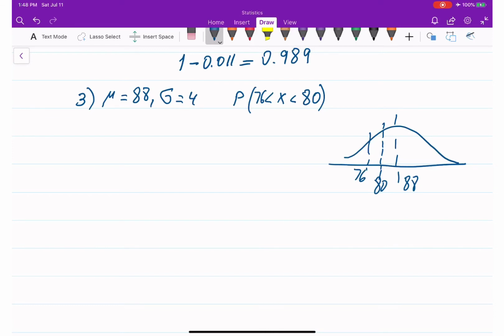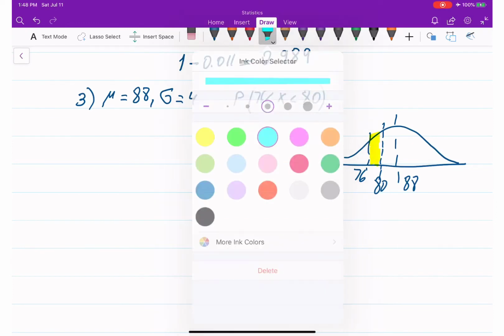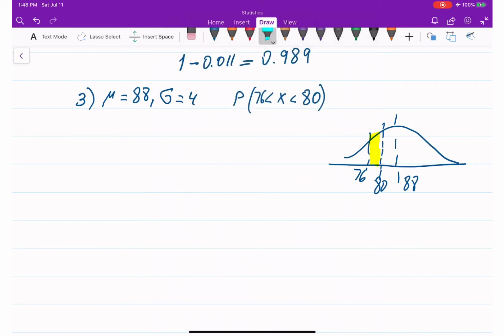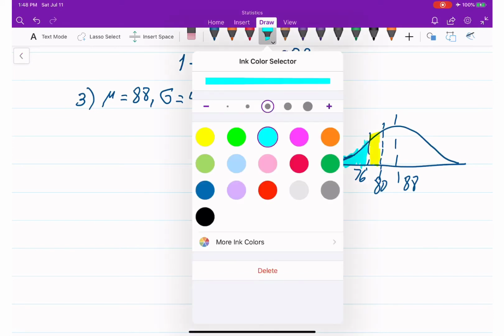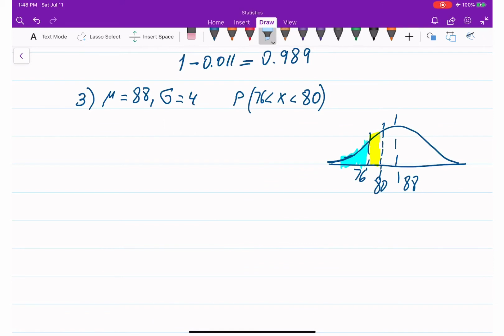So we need to find the piece in between. My table shows less than, right? So I'm going to find less than 76. Can I? Yes, I can. And then I want to find less than 80. Yes, can I find it?